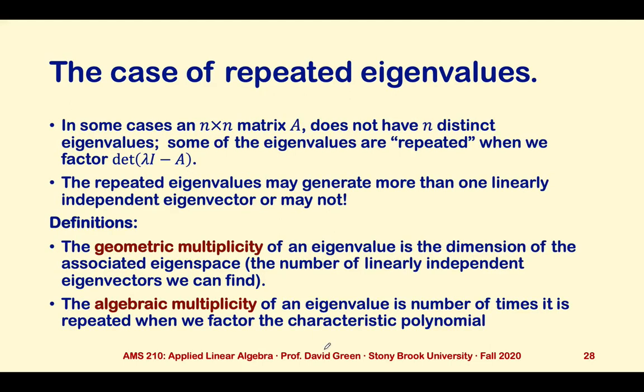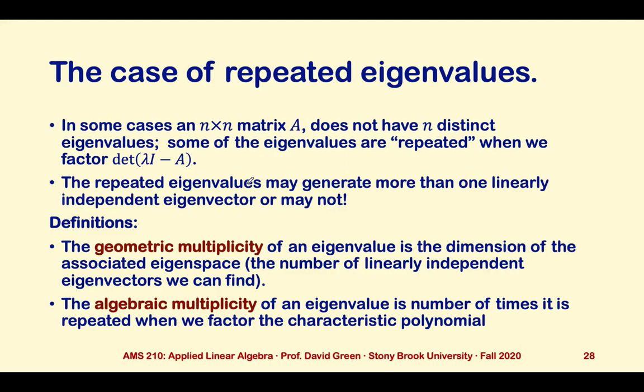All right. Now, that derivation was based on the idea that we have distinct eigenvalues. We've seen that in some cases, a square matrix may not have n distinct eigenvalues. Some of the eigenvalues can be repeated when we factor our characteristic polynomial. That is, we get terms that are squared or cubed or higher powers, meaning that term will give the same eigenvalue.